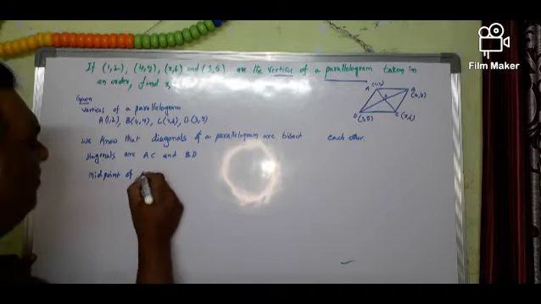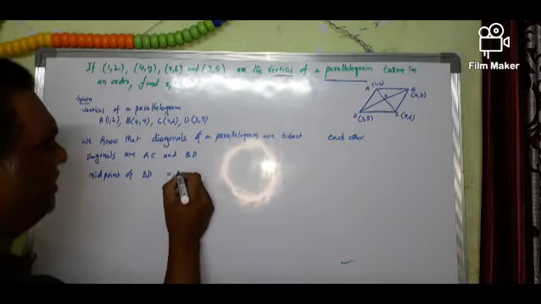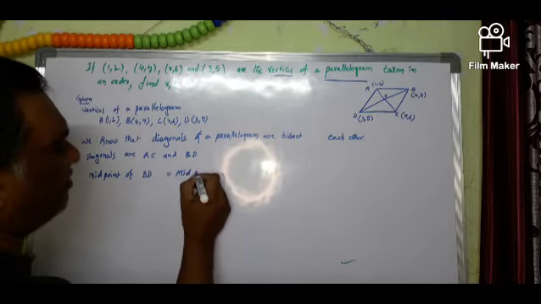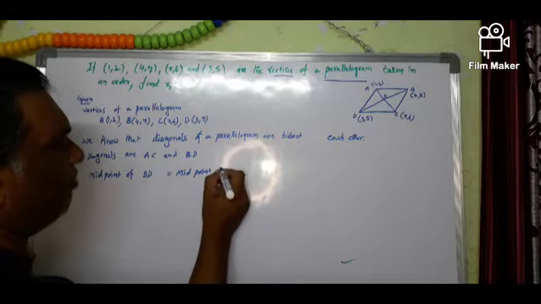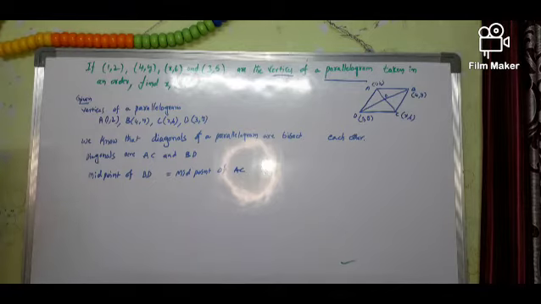Midpoint of BD is equal to midpoint of AC.